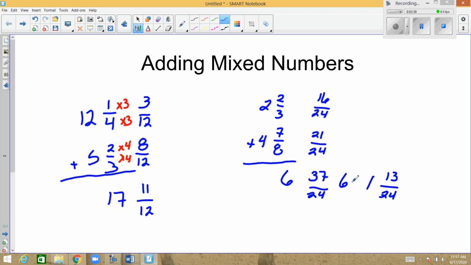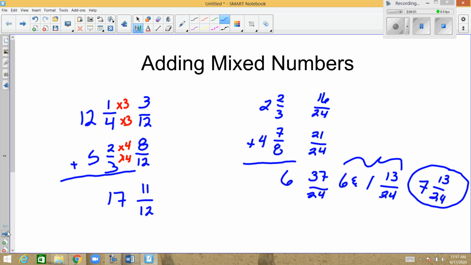Well, I also have this 6 and 1, and 6 and 1 is 7 and 13/24. So that would be my answer there. Okay, so I'll give you two different examples, primarily done the same way. Just be careful about that step there.